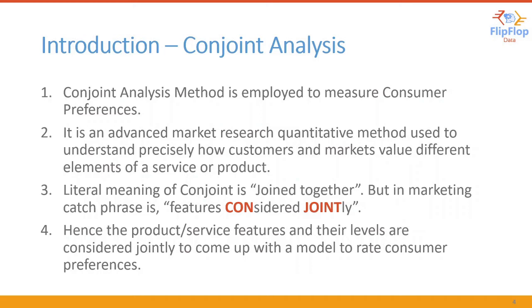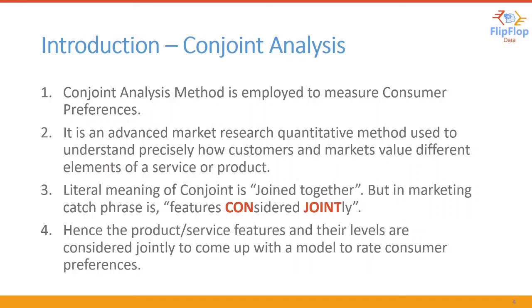So the literal meaning of conjoint is joined together. And in marketing phrase, it is called features considered jointly, where con is taken from considered and joint is taken from jointly. So together it becomes conjoint. So here the product or service and their features as well as their labels are considered jointly to come up with a model to rate consumer preferences.